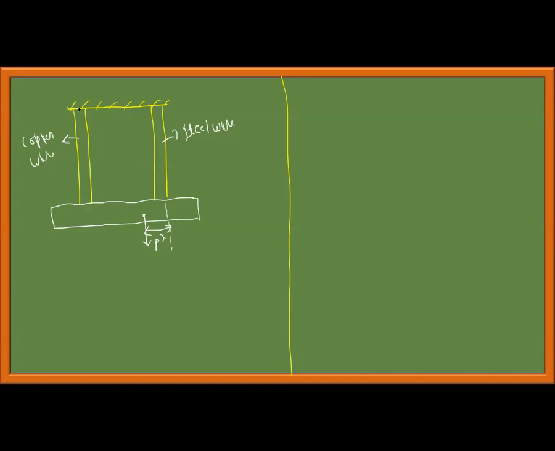The distance between the two supports is 0.5 meter or 500 mm. The length of each support is given as 4.5 meter.